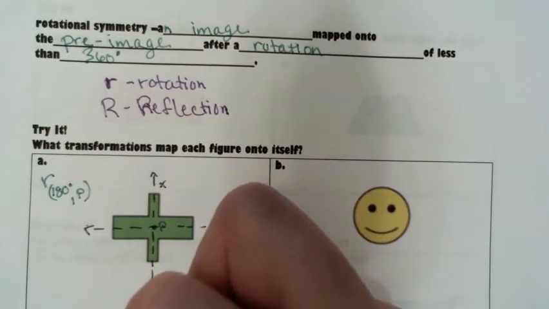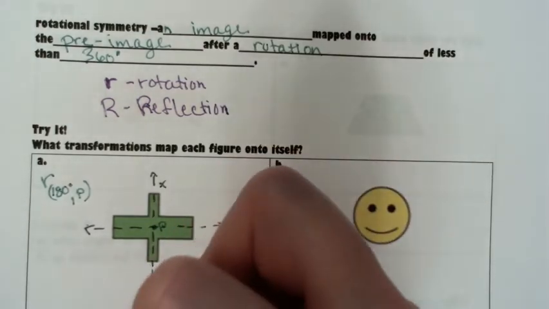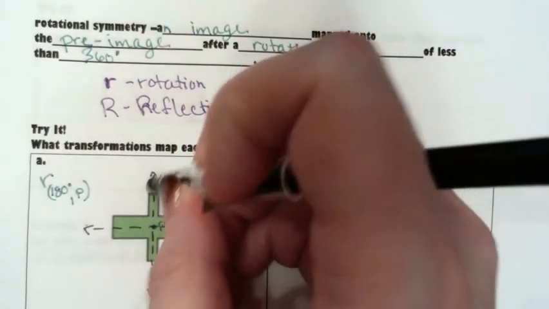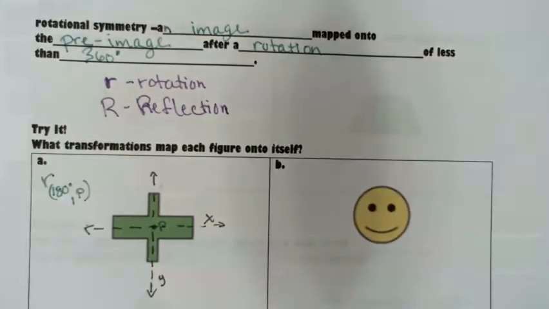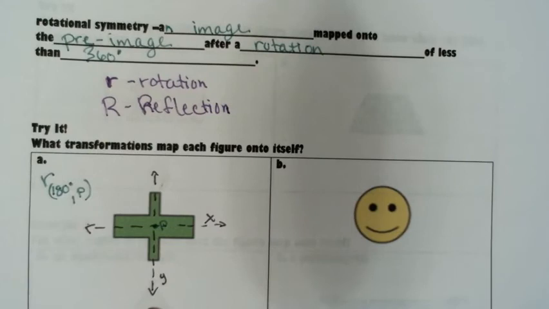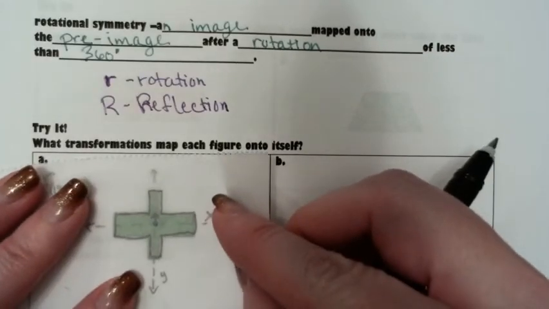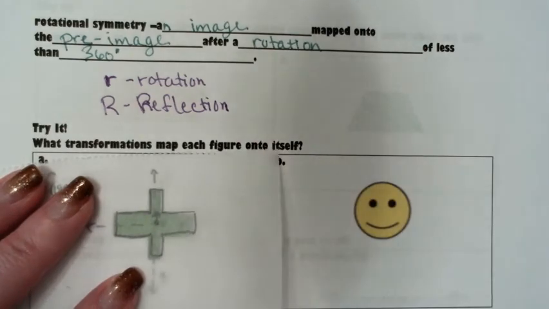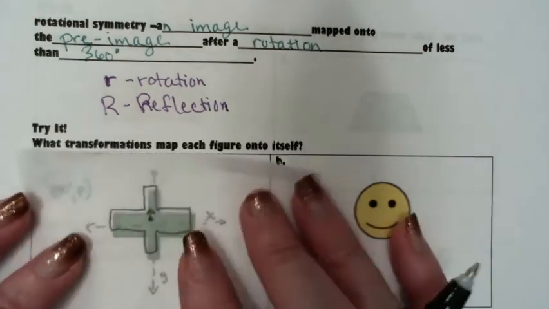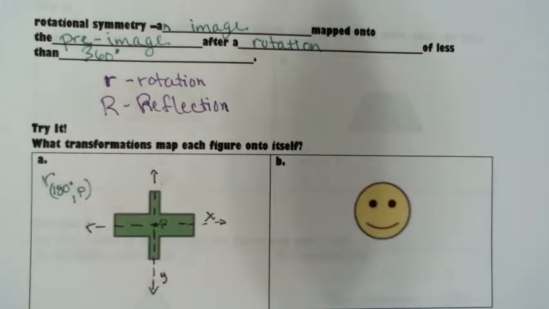We could call this X. We'll call this one X, we'll call this one Y. And so then to be able to see that this reflected this way or it reflected this way, both of them will map that shape onto itself.